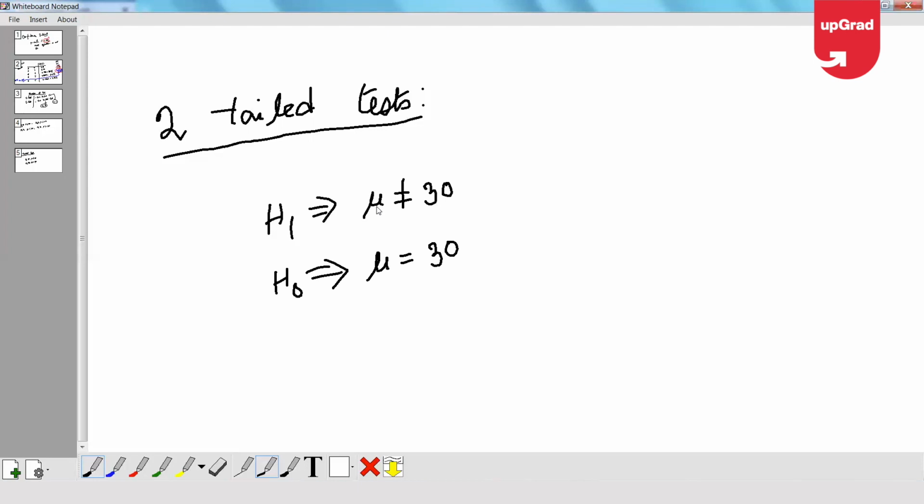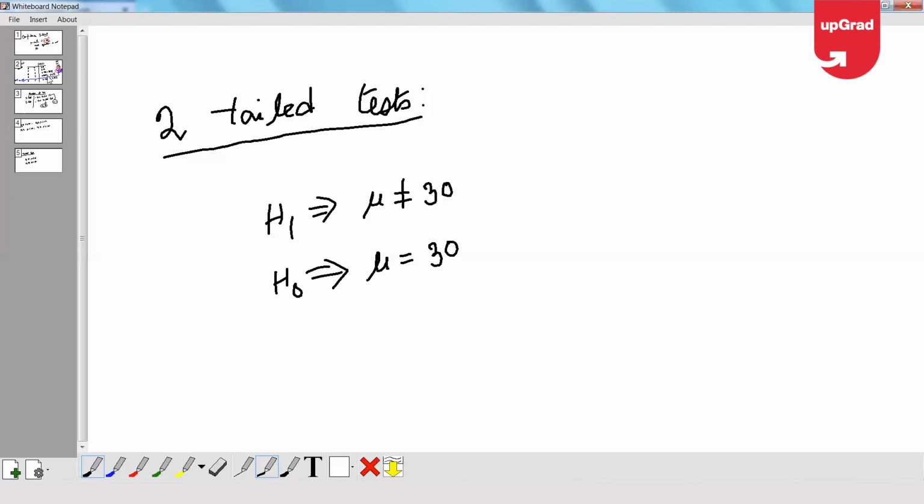One-tailed tests check for greater or lesser. Okay, so now we have understood null hypothesis, alternate hypothesis, confidence interval, and also one-tailed and two-tailed tests.